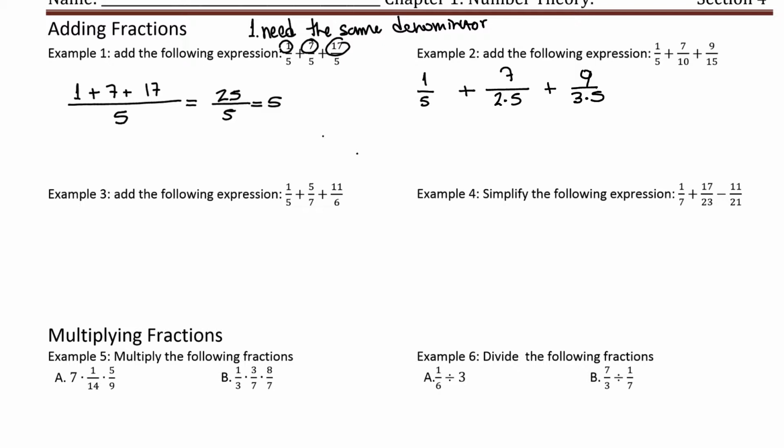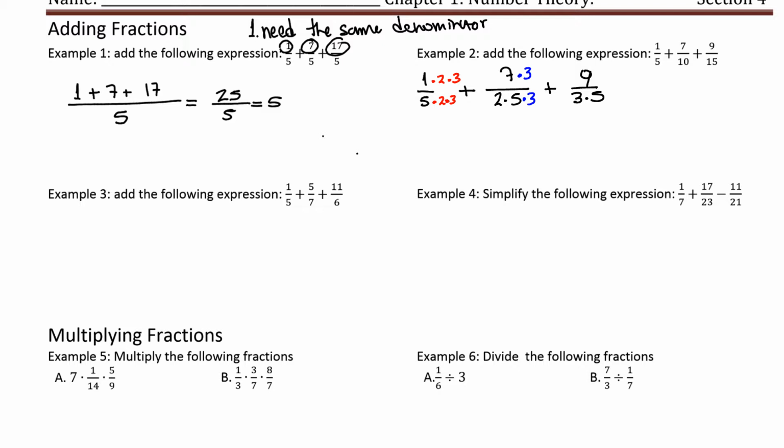Once we break them apart, we're going to multiply each fraction by its missing factor. So for example, the first fraction is missing a 2 because the second fraction has a 2, and it's missing a 3 because the third fraction has a 3. Then the second fraction is still missing a 3 from the third fraction, so we need to multiply by 3.